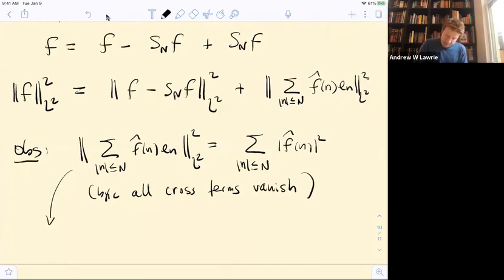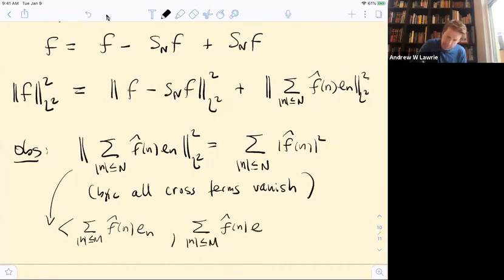I need to take two copies of this, the sum over all these e_n, and then I pair it with, sorry, I drop it. I often use that notation. Maybe I'll use m's for the index over here.